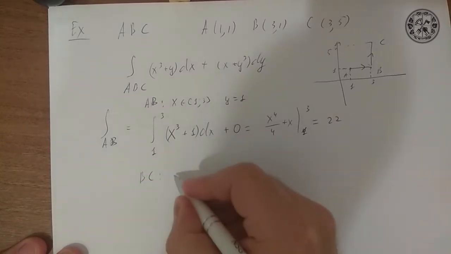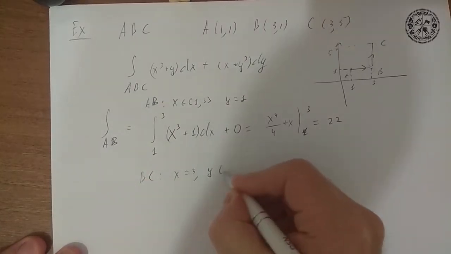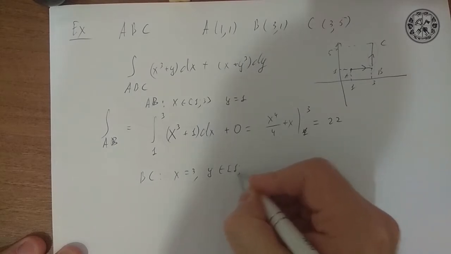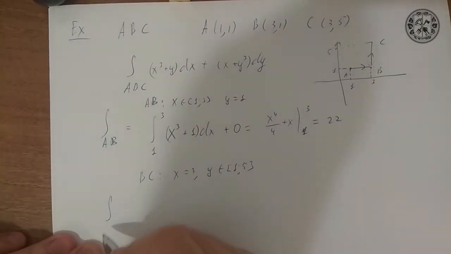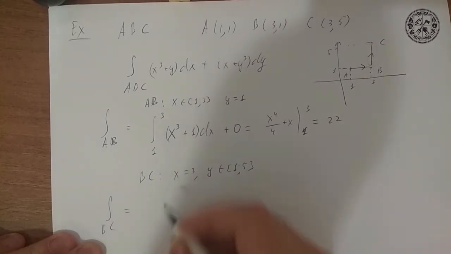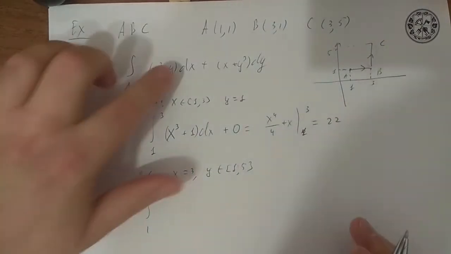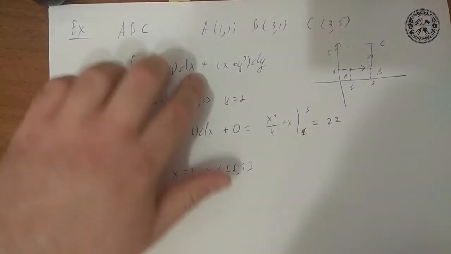For BC, x is 3 but y is changing from 1 to 5. Now we'll get the other part working. We'll get the integral from 1 to 5. dx will be 0, so this part will go off.